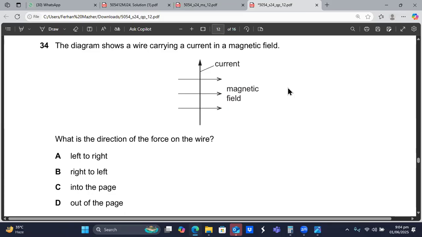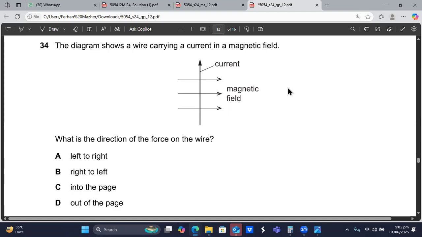So use your left-hand rule without my video: just stretch the thumb, the index finger and the middle finger mutually perpendicular to each other. Your thumb is the force, your index finger is along the magnetic field, and your middle finger should be along the current.